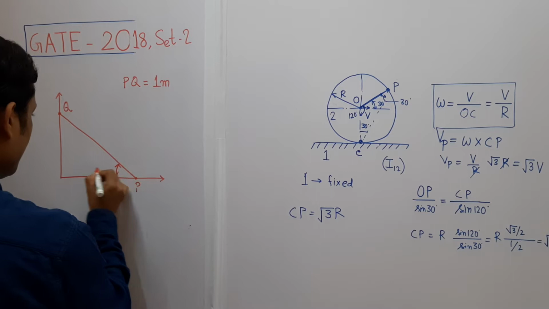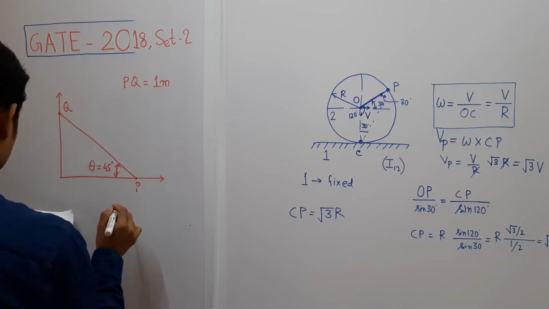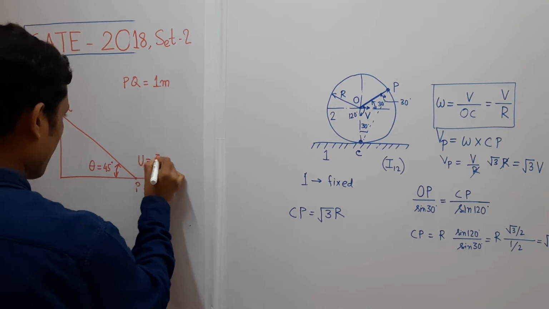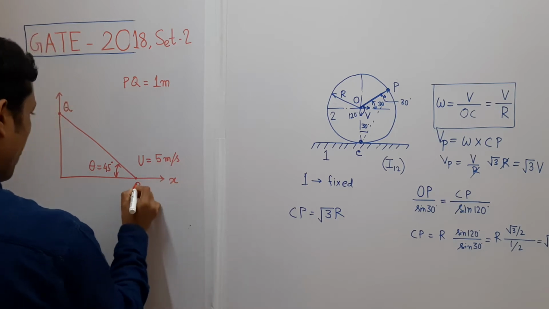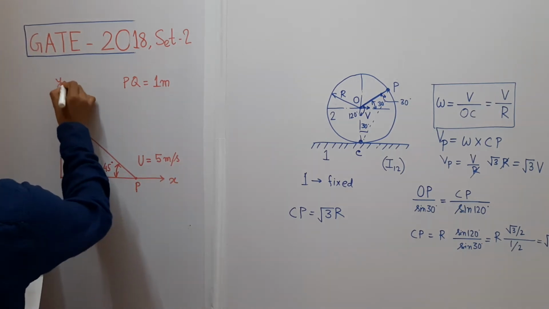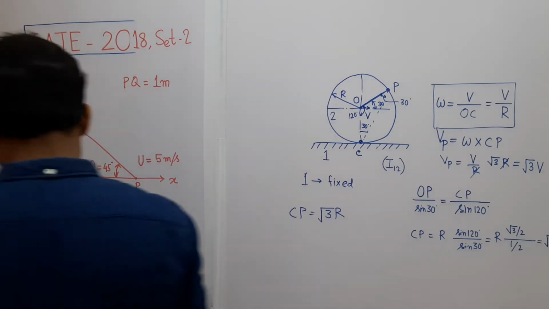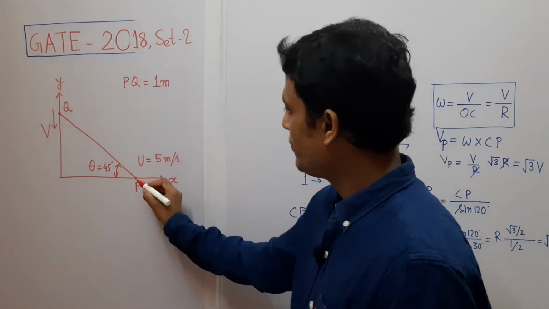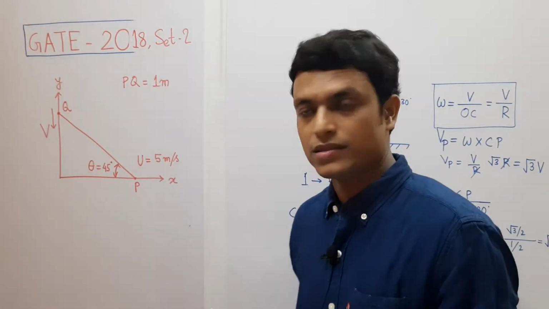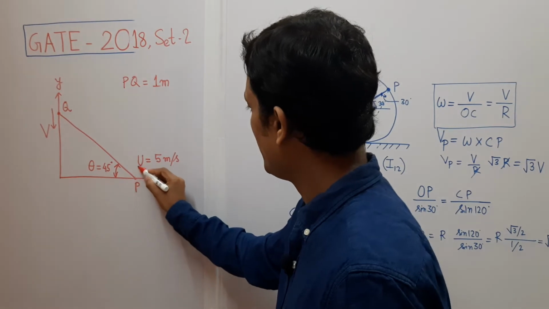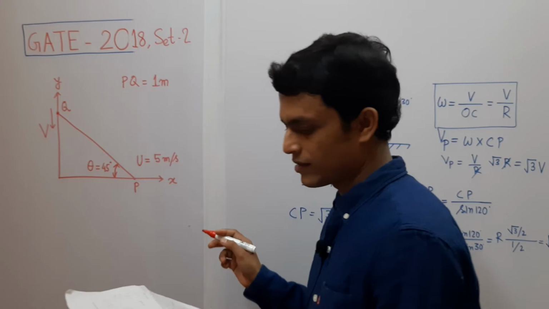This angle theta is 45 degrees. The end P is dragged with a velocity u equal to 5 meter per second.